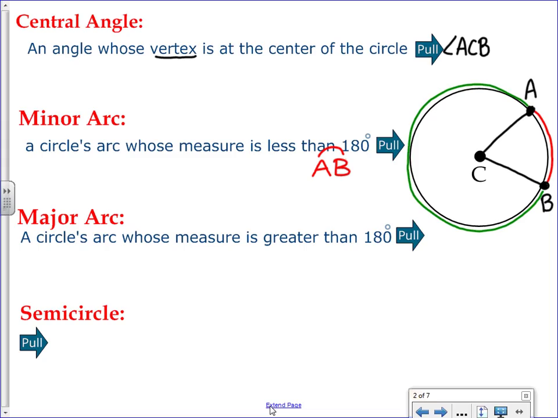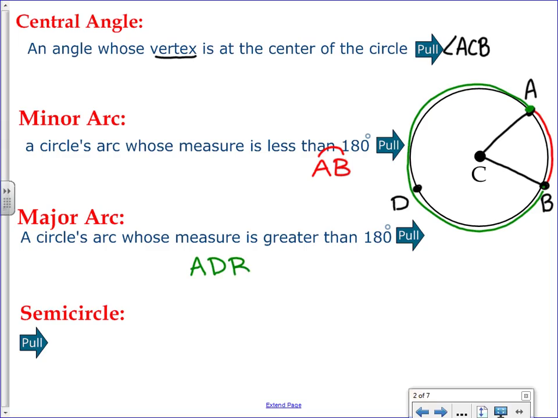So typically, whenever you have a major arc, you'll see a random third point, let's just call it D, drawn on the major arc. This way, you can start at one of the endpoints. It doesn't matter if you start at A or if you start at B, and just follow the direction of the point. So you're going to call this major arc ADB.